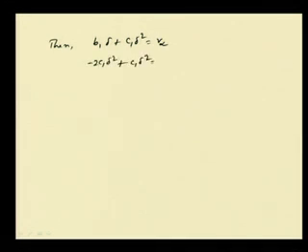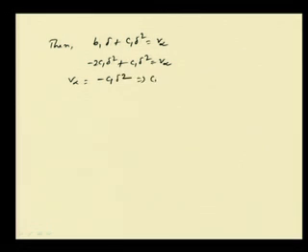Then, by substituting B1, we get B1 delta plus C1 delta square is equal to V infinity, and B1 we know is minus 2 C1 delta, so minus 2 C1 delta square plus C1 delta square is equal to V infinity. So, V infinity is equal to minus C1 delta square.